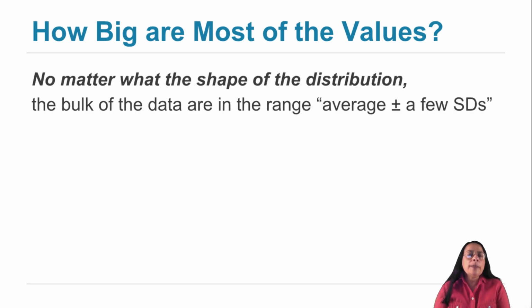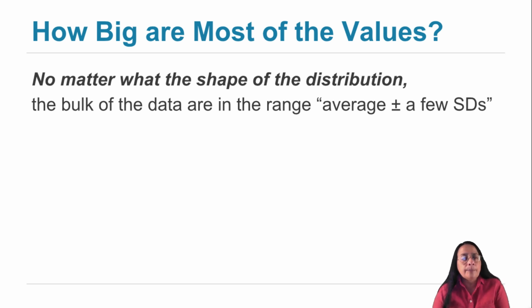So as we know, no matter what the shape of the distribution, Chebyshev's inequality says that the bulk are in the range average plus or minus a few SDs. You really can't do better than that without knowing something about the distribution. If you happen to know that the distribution is normal, as if you drew the picture, you had a bell-shaped curve, then you can say quite a bit more.